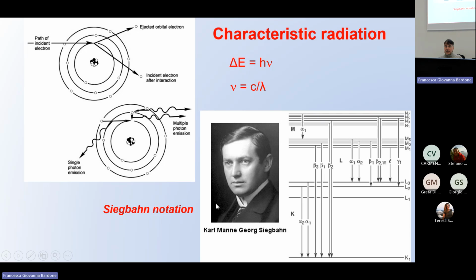This man studied all the possible jumps you can have after ionization. And this is called the Siegbahn notation. Every X-ray has a frequency, and every frequency is associated through the Planck constant to the jump in energy. So every jump in energy creates an X-ray.